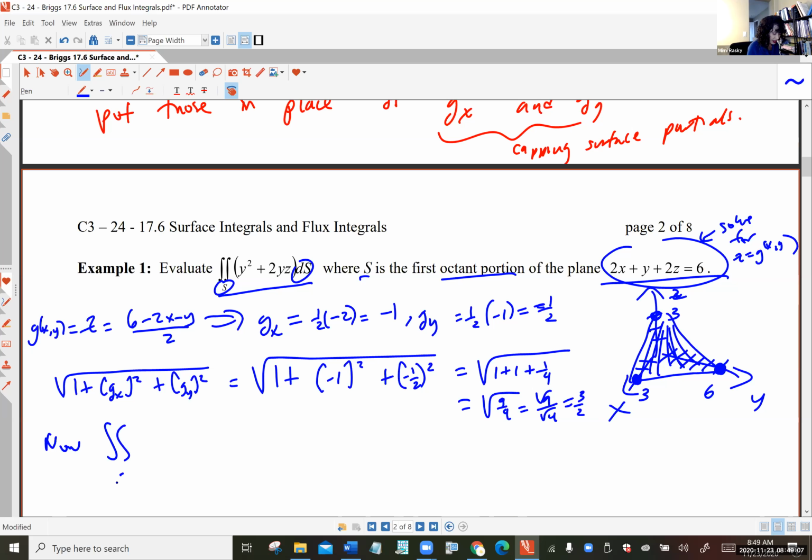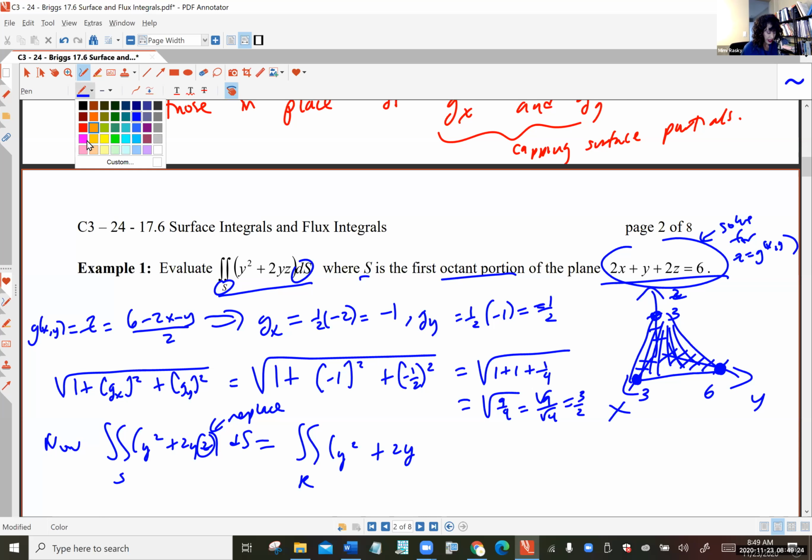This surface integral that we're trying to do becomes a double integral over the region, and then we're going to have y squared plus 2y. Why don't we replace this z right now? Because I don't want to have any z's in this double integral. So the z that I have is 6 minus 2x minus y, all over 2.